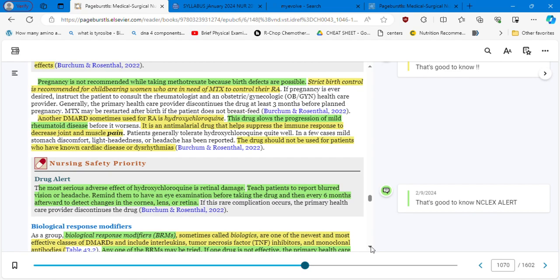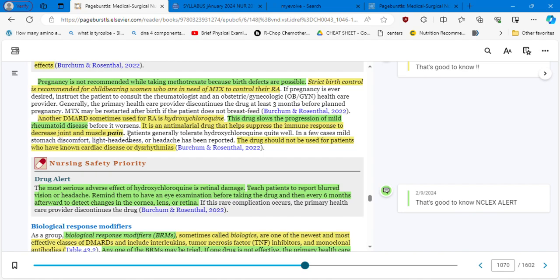Another DMARD sometimes used for RA is hydroxychloroquine, very popular in these years. In Africa, in other countries, they were using this medication, which is an antiparasite, for COVID, right? This drug slows the progression of mild rheumatoid disease. This is an antimalarial drug that prevents suppressed immune response to decrease joint and muscle pain.